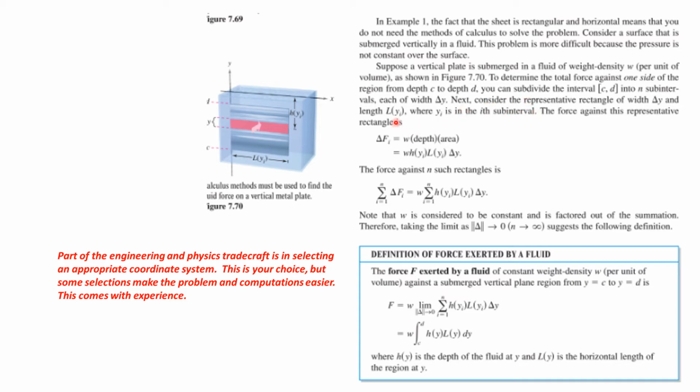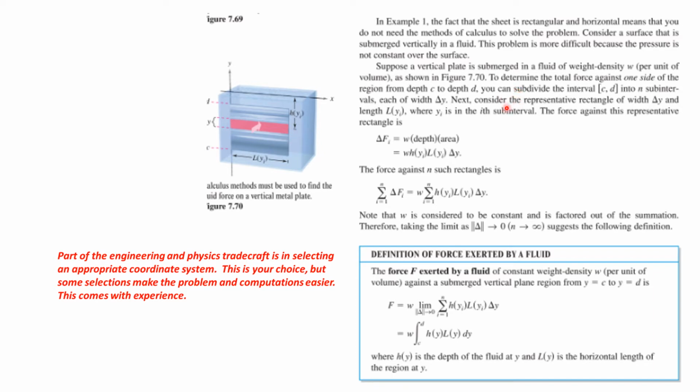And the length of the piece is L of y, where L of y is the distance from this side of the rectangle to this side of the rectangle. So that's a length, and length times length is length squared, but then we're going to have a depth, which is also length, and so you're going to get length cubed there.